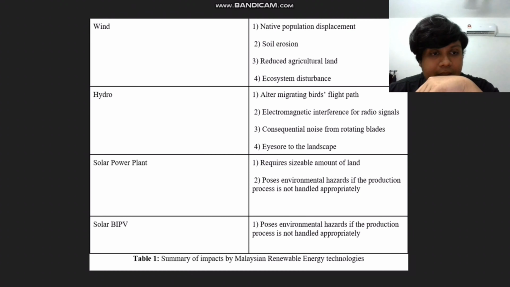Next is solar power plant, which requires a sizable amount of land and poses environmental hazards if the production process is not handled appropriately. Lastly is solar BIPV, with the same negative impact: it poses environmental hazards if the production process is not handled appropriately.